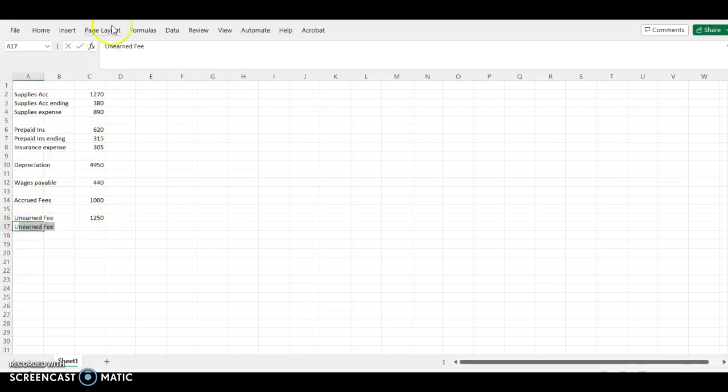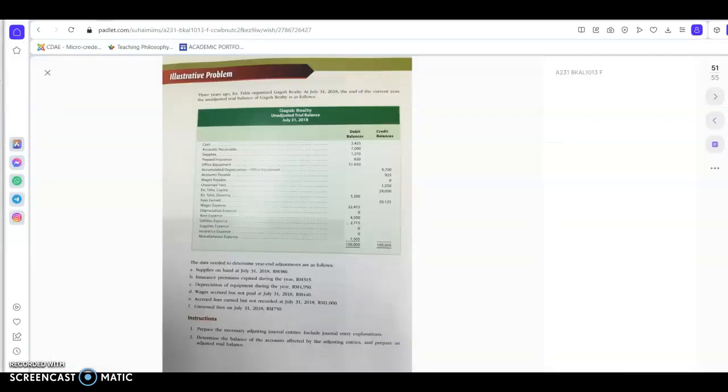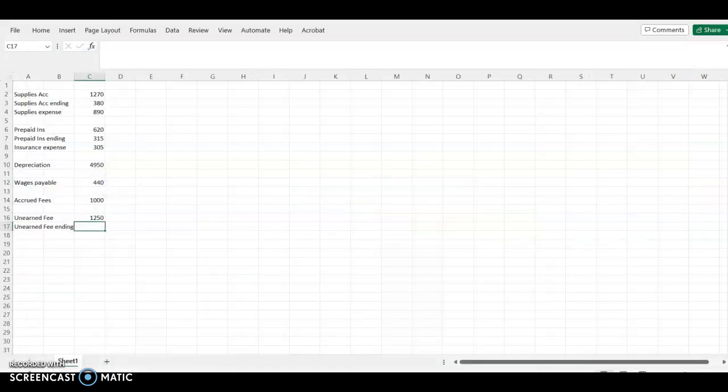Unearned fees ending 750. Okay, we have to find the difference, 500. What is this? This is fees earned. So we have to record the fees earned.